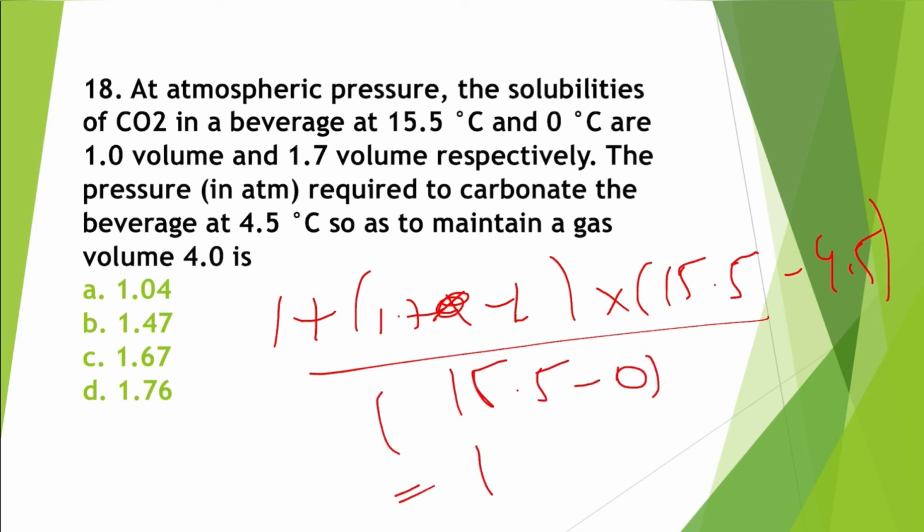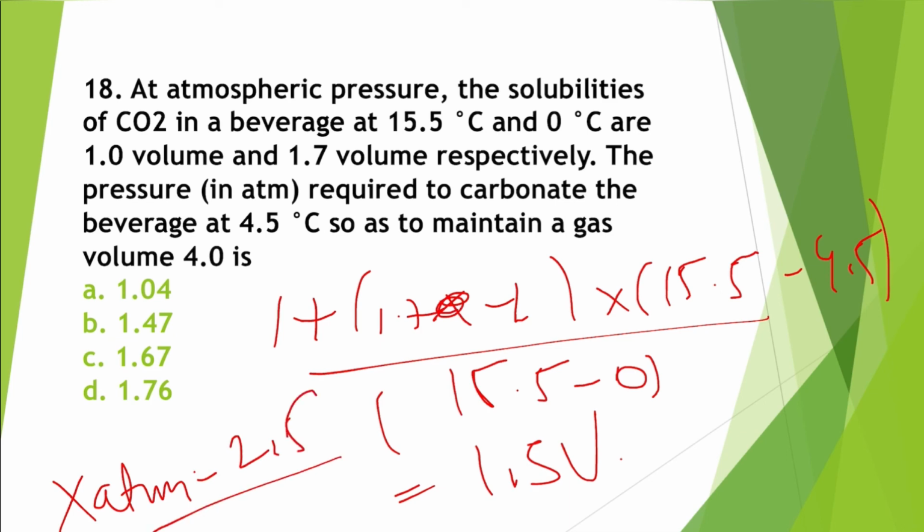Answer is 1.5 volumes. So 1 ATM is equal to 1.5 volumes. So X ATM is equal to 2.5 volume. So 2.5 into 1 upon 1.5. The correct answer to this question is C, that is 1.67 volume.